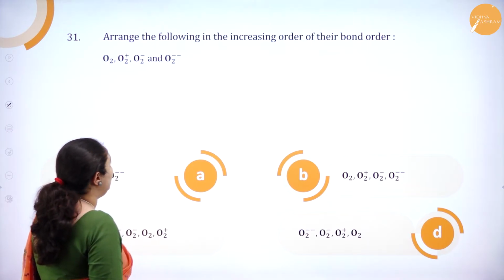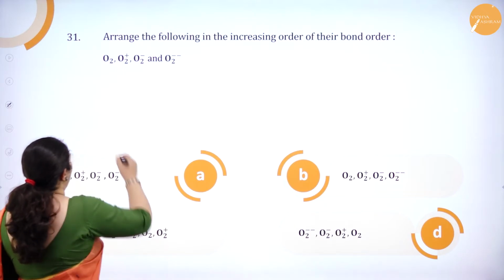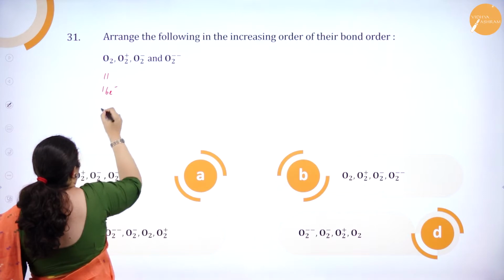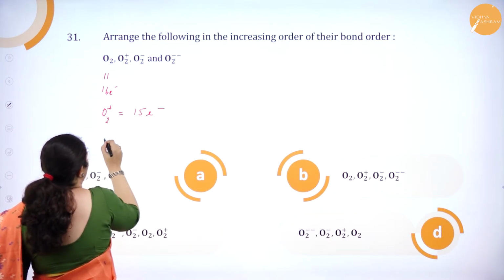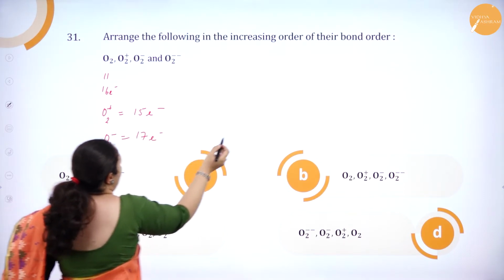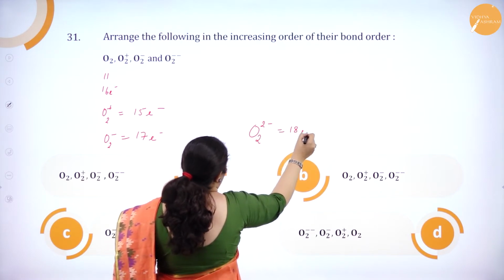Arrange the following in increasing order of their bond order. O2 has 16 electrons, O2+ has 15 electrons, O2- has 17 electrons, and O2 2- has 18 electrons.